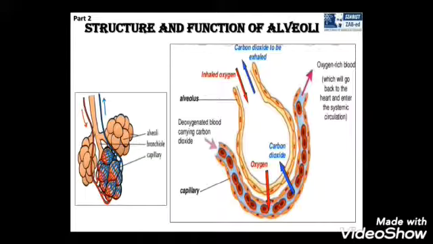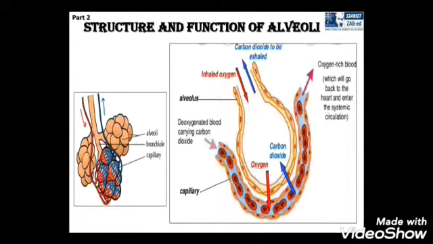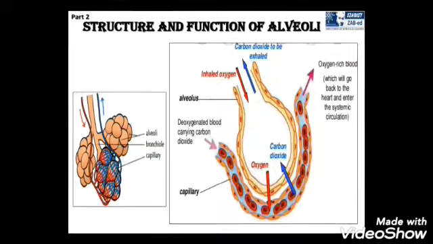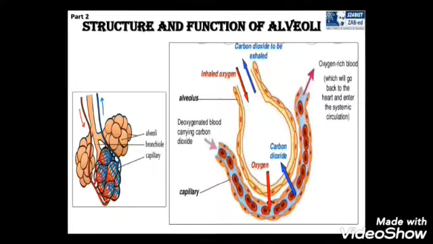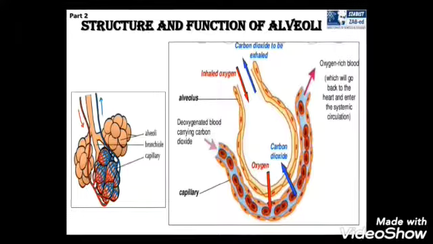Here you are seeing two pictures. The picture on the left shows the outer structure of alveoli and the picture on the right shows the internal structure. The red arrow shows the oxygen entering the alveolus by the process of inhalation and diffusing through the wall of the alveolus into the blood capillary.